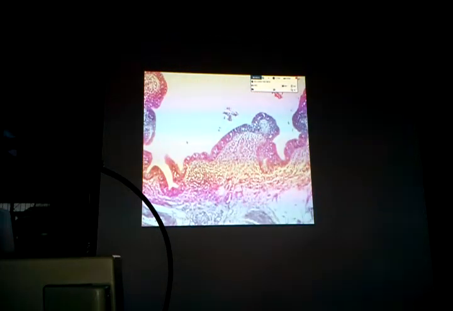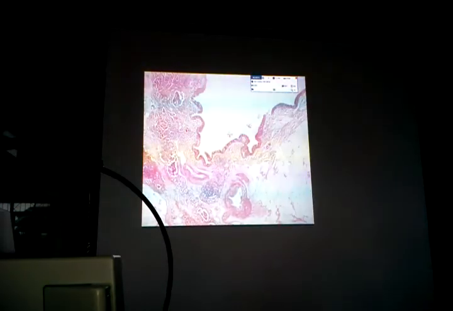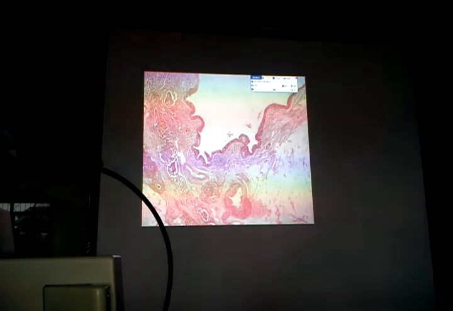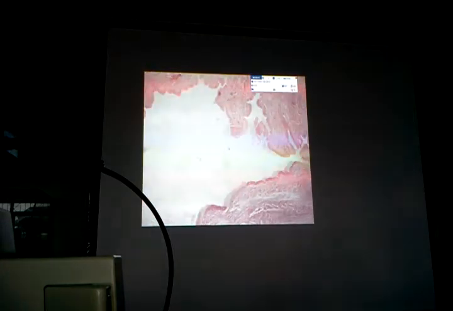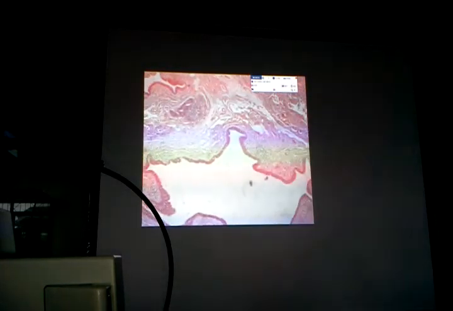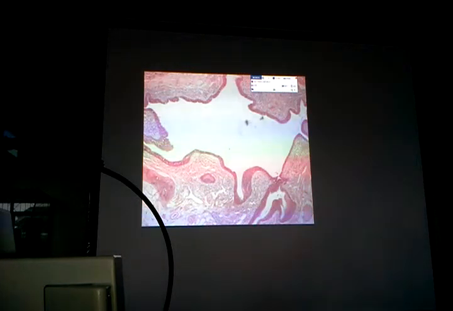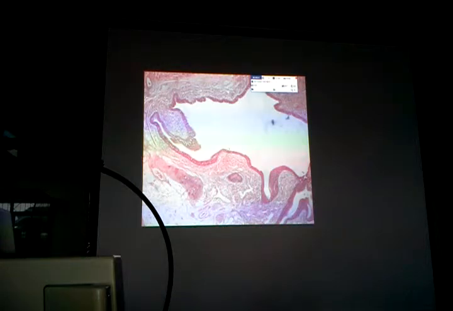Okay, here, evidence of an abnormality. This is a large caliber airway already. That should be a bronchus because of the presence of that tissue.